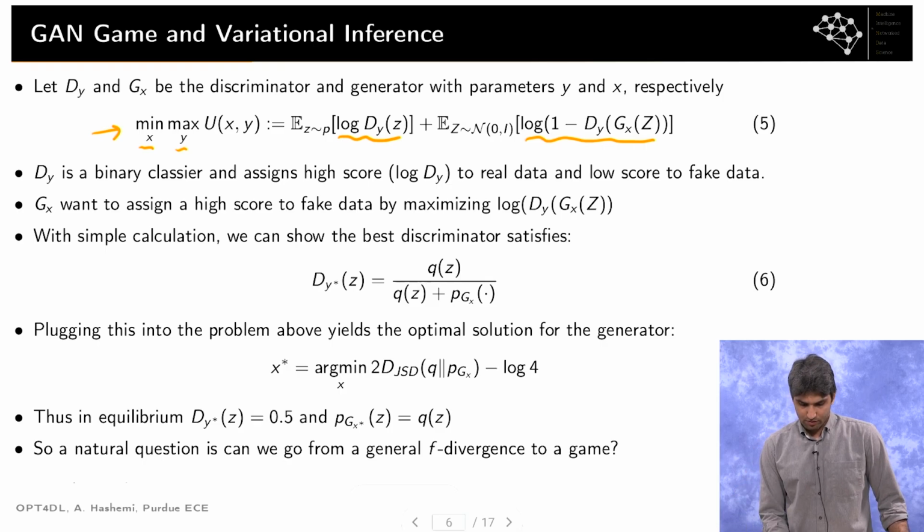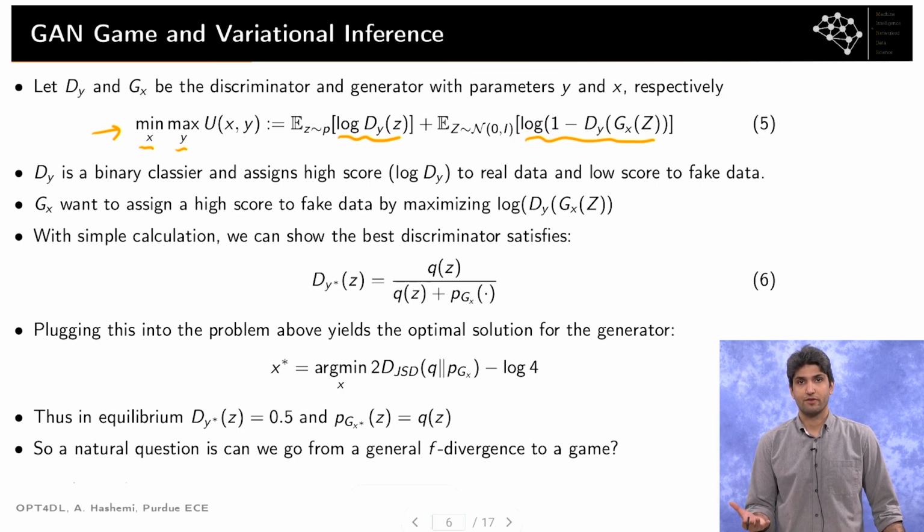G(Z) is the output of the generator. The generator takes this noise Z and generates an image. Now we feed that to the discriminator, and log of 1 minus the output of the discriminator is the score that we associate with this image to say whether it's a fake image.